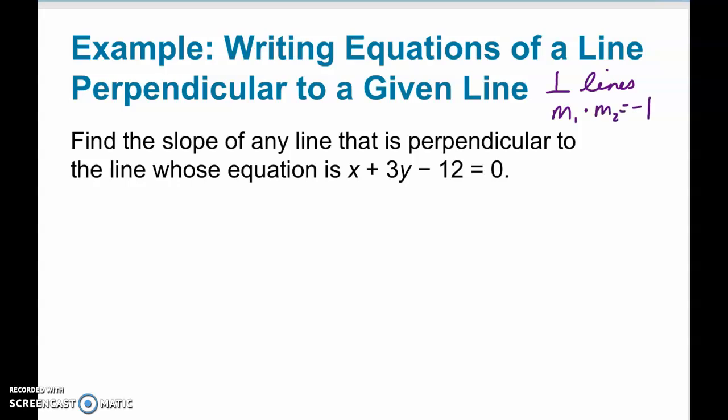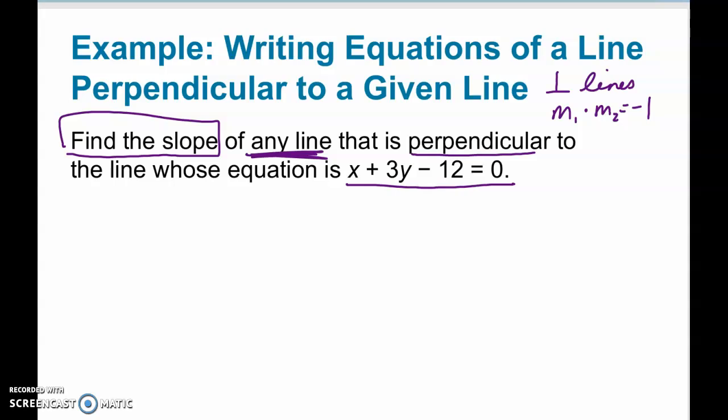This doesn't say to write the equation of the line, but it says to find the slope of any line that's perpendicular to the line whose equation is this. Now this equation is not written in slope-intercept form, and it's not written in point-slope form, but it is written in the general form.